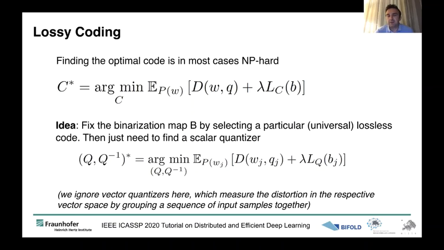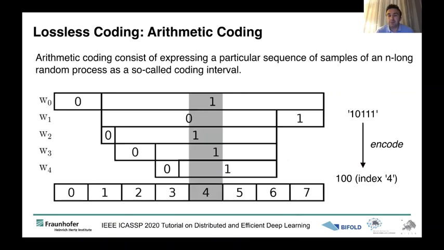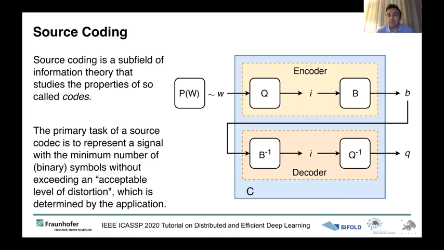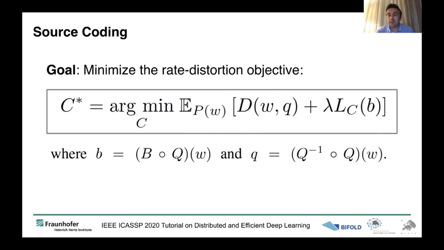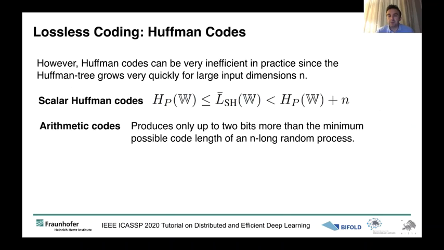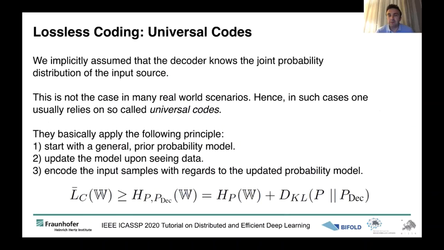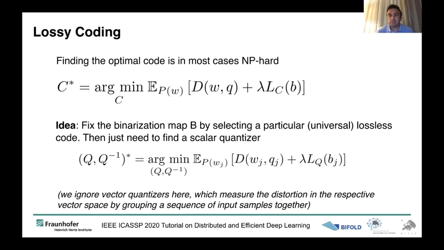So the idea is that we fix the binary map. The whole rate distortion term depends on both the quantizer and the binarizer, so on the lossy part and the lossless part. If we fix the lossless coding part, then we can optimize this rate distortion problem.